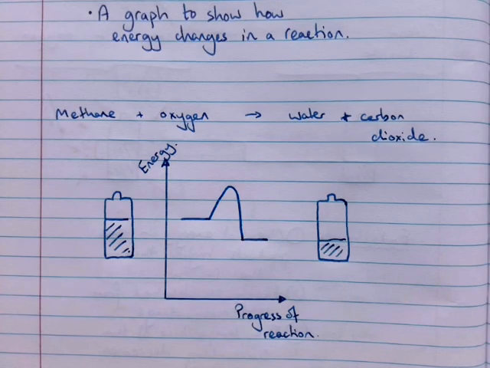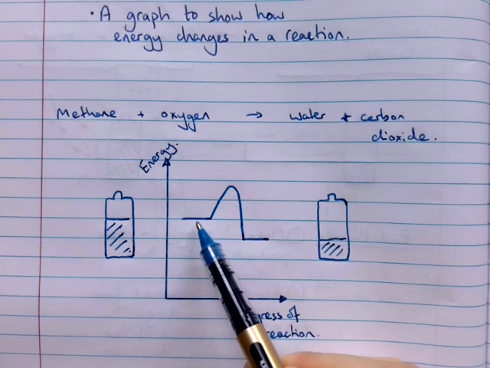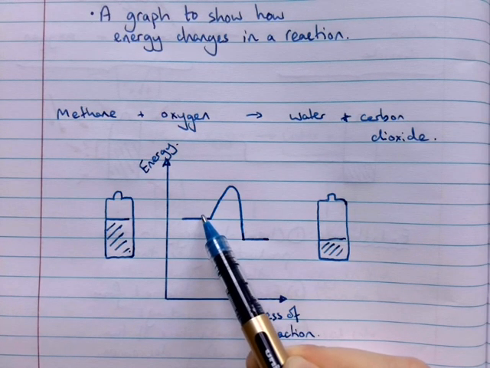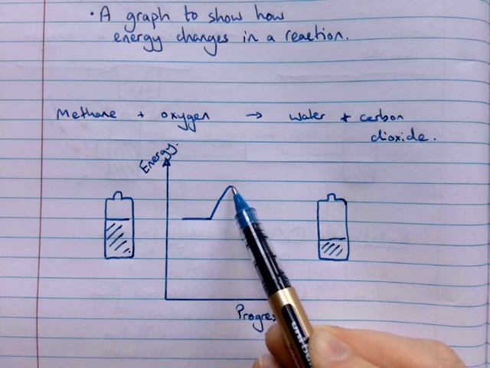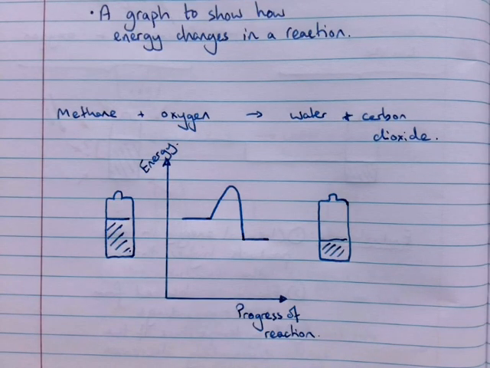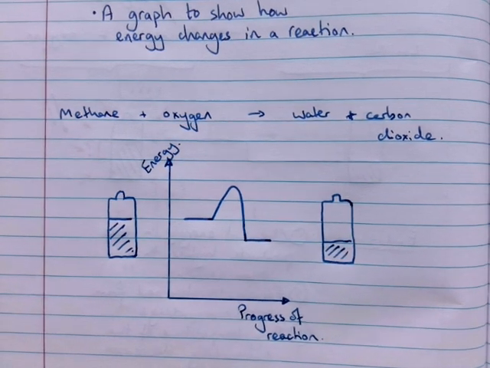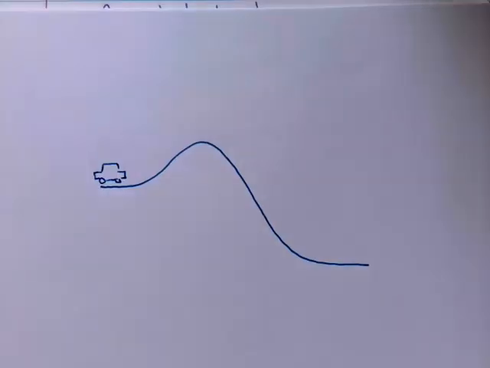So what's going on here? Well, when we have our reactants, we need to first put a little bit of energy in to get it up to here, and then the energy will go down to where we have our products.